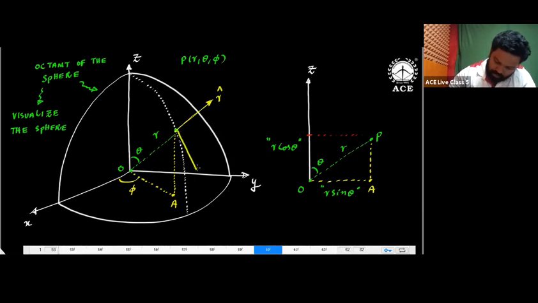Theta is tangent at this point. Phi is tangential at this point. This is a point P. So R is like this, theta is like this, phi is like this, beta.